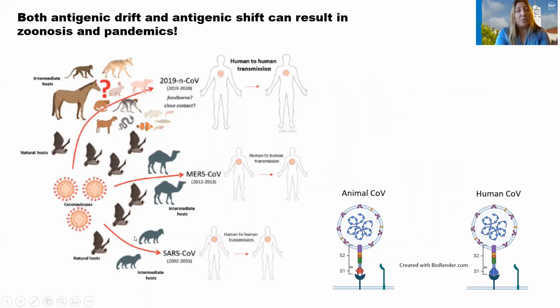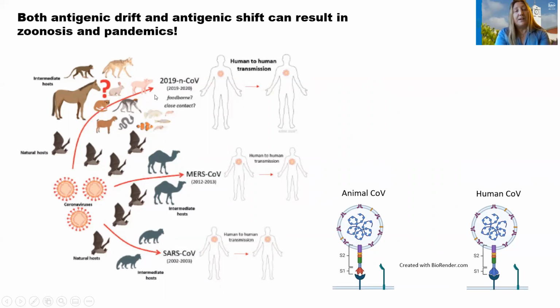And so we know for SARS, there was an intermediary that the virus went through, and the SARS from 2002, 2003. And similarly for MERS, an intermediary was identified.